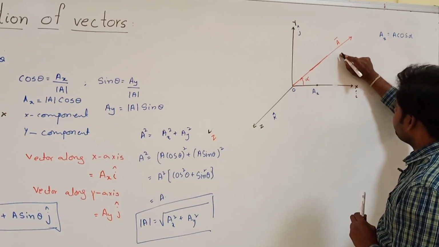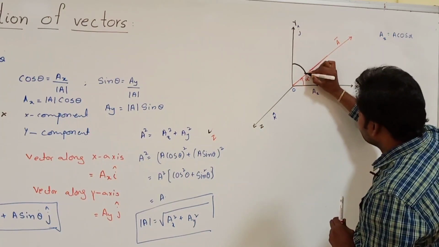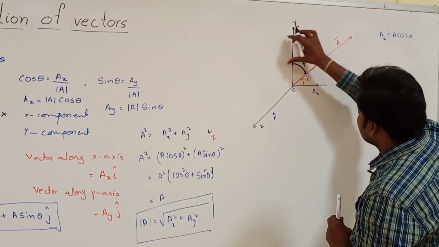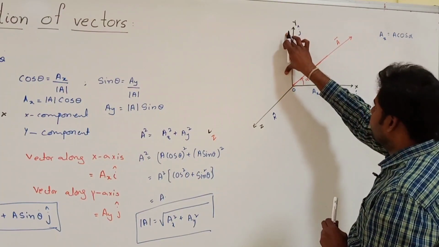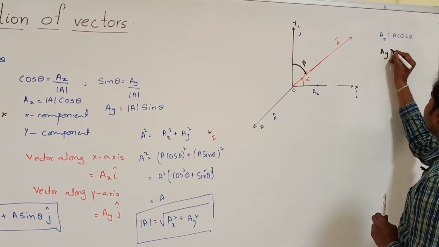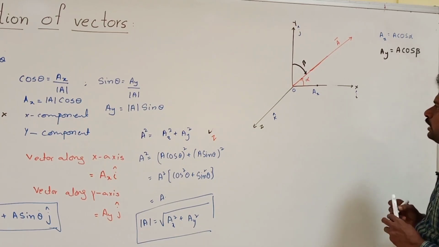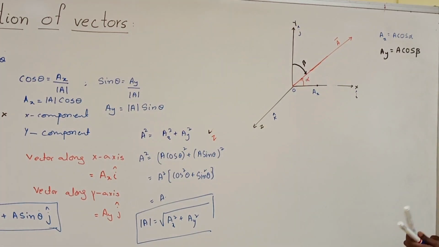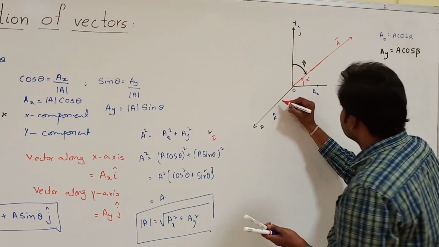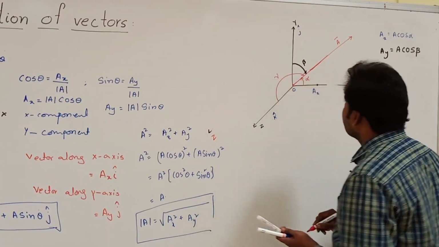Now, for vector A, the angle from the y-axis is called beta. The y component, AY, is equal to A cos beta. For the vector A, the angle from the z-axis is gamma.